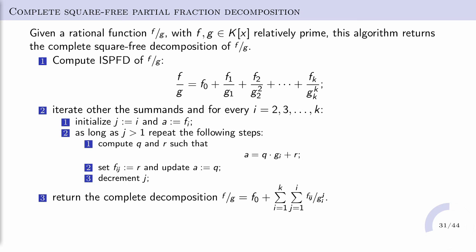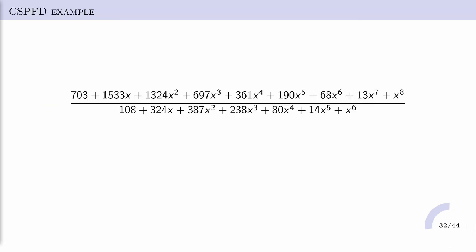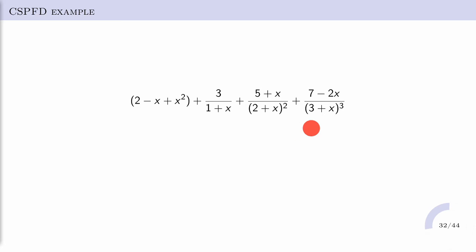Again, let me show you an example. We have this same rational function. We have already computed the incomplete square-free partial fraction decomposition, and what is left are these two.